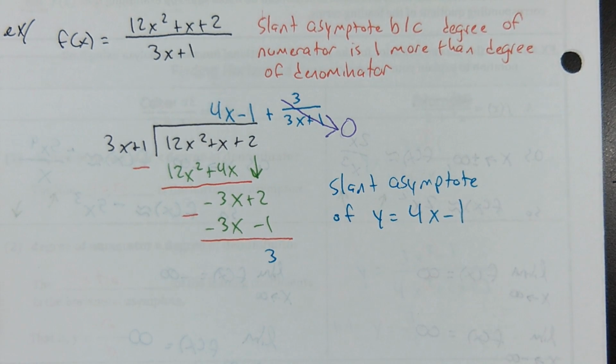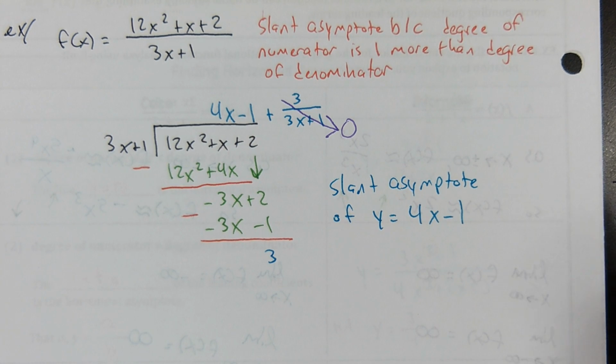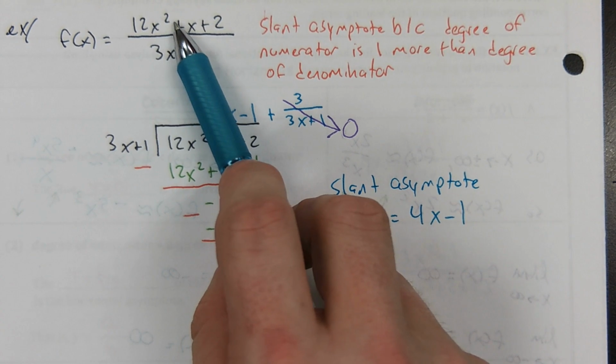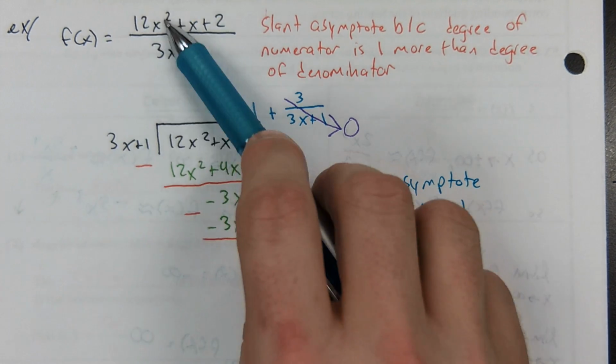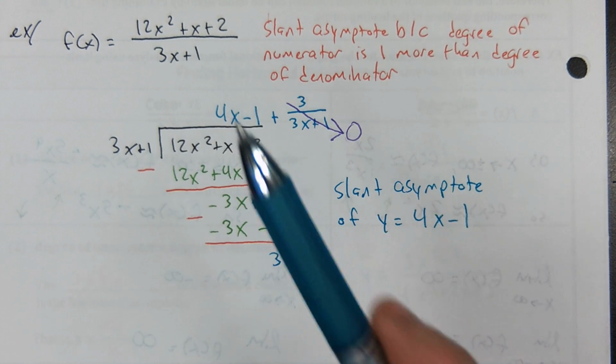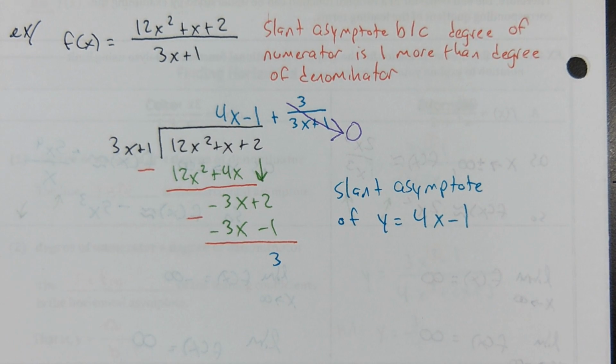So one more time, because the remainder is bottom heavy, the remainder will always go to 0. So the quotient without the remainder is the actual slant asymptote. And it's only slanted, again, because this was 1 degree more than this. If it was 2 degrees more, I'd have a quadratic here. Same trick though, the remainder would go to 0 always.